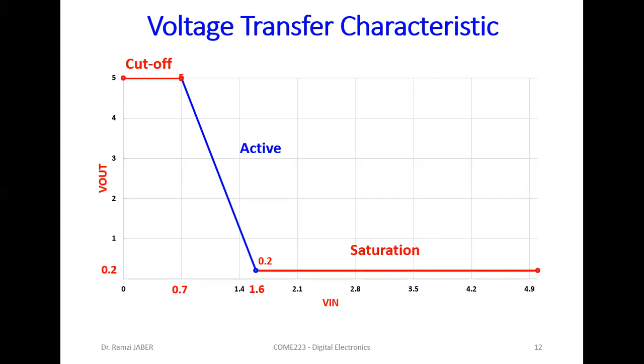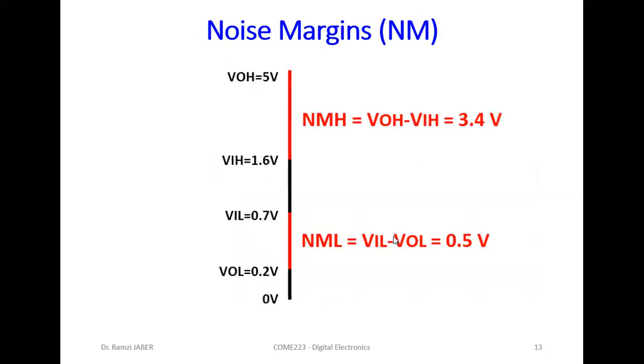Good. Now, the noise margin. What is the noise margin? The noise margin is the boundaries or the range between the input high, input low, output high, output low. So here we have from 0 to output low 0.2 volt.